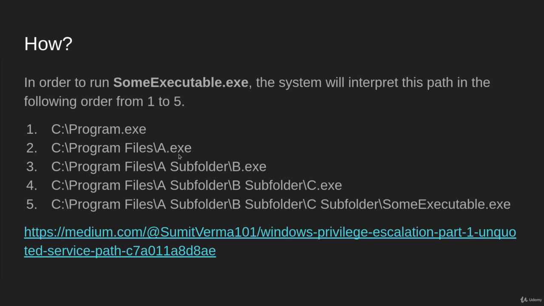If the service is running under the administrator, we are going to become the administrator. If it is running under local system, then we are going to become local system, which has more privilege than just a regular user. And you guys are going to see that in another video. So that's what we are going to be doing.